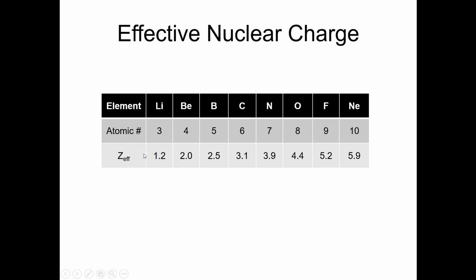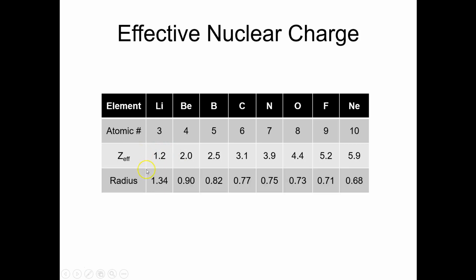And therefore, if you then add onto the table the actual atomic radius of all of these elements, earlier I gave you the diameter, but usually these things are given in tabular form as radii. The atomic radius of lithium is 1.34, and then it goes down to beryllium, down to boron, it's just going down, down, down, because those outer electrons are feeling an increasingly larger nuclear charge.